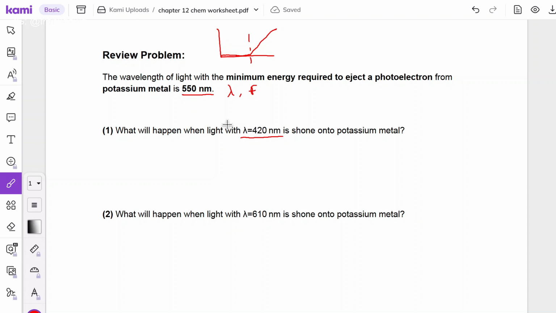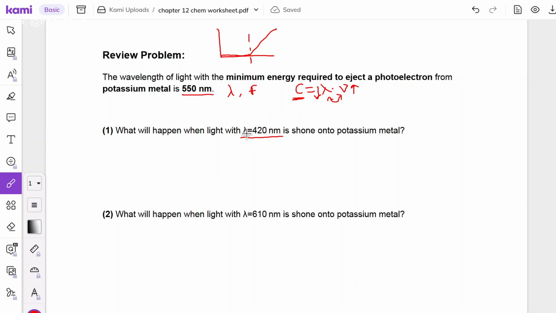And if you remember the equation, c equals lambda times nu, the frequency. These two are kind of opposites. If this goes up, this has to go down mathematically. If this is always the same, it's not going to change. So if one goes up, the other has to go down to give you the same thing.